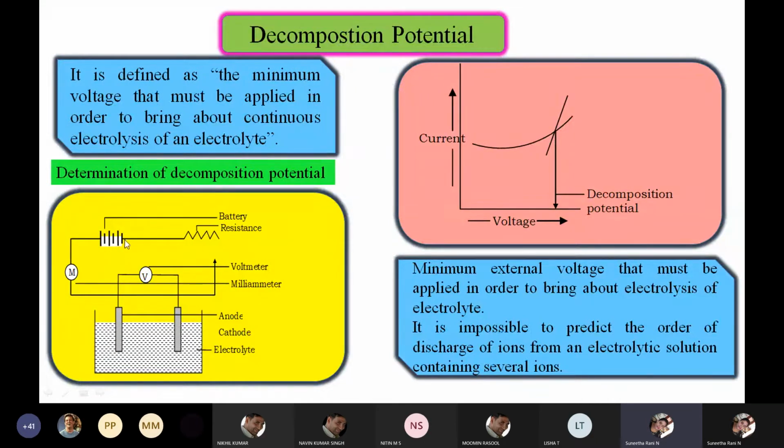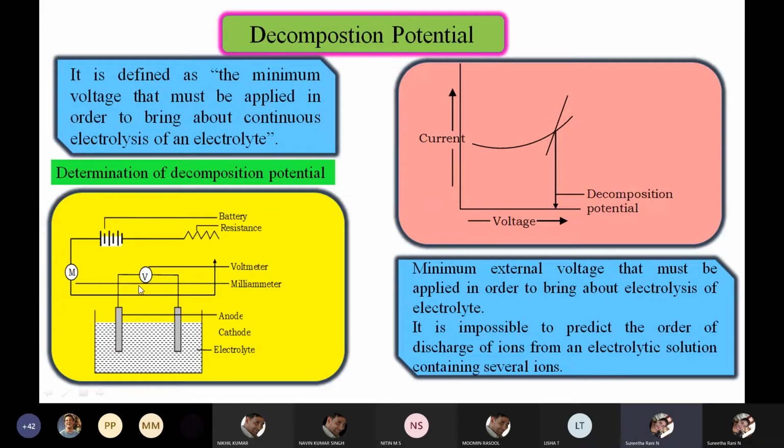This is done using a vessel which contains an electrolyte. The electrolyte is immersed with an anode and a cathode, that is, the object to be coated. These two are connected to an external voltmeter and a milliammeter, and to the external power supply battery or a resistance to measure.